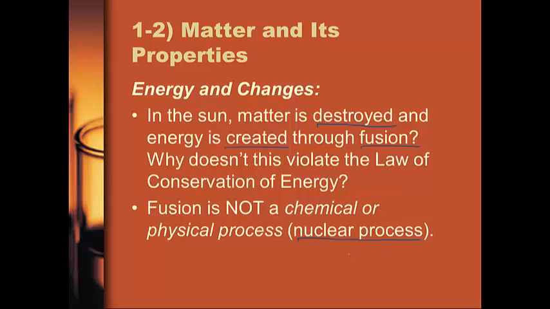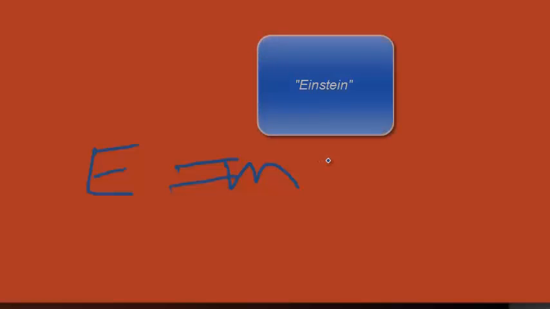It's not a chemical or physical process. Now, why is this actually happening? How come you can actually take mass and destroy it and change it into energy? Well, there is some guy named Einstein or something like that, and he said mass is actually a form of energy.